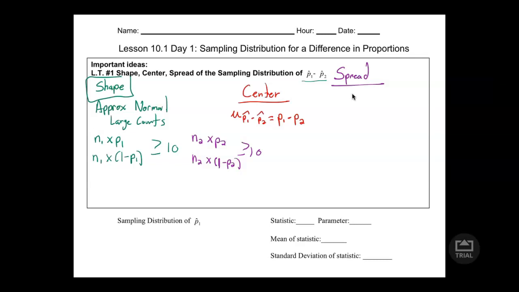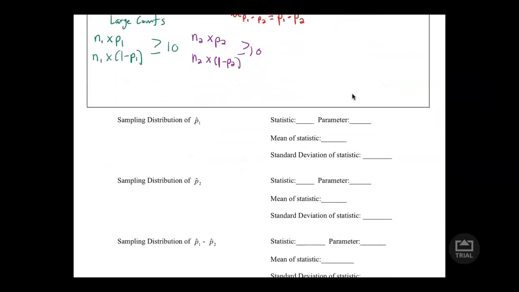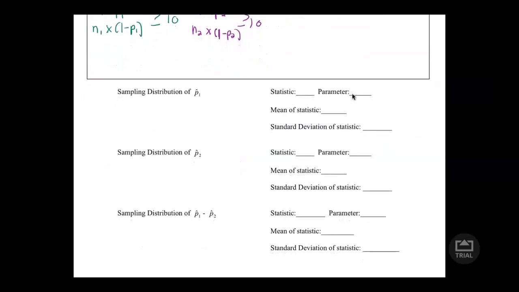So before I give you that formula, I'm going to go the long way around because I don't like just to give you formulas without explaining the math. So we're going to take just a minute to go through this. Here's the sampling distribution of p hat 1. The statistic would just be p hat 1, and the parameter would just be p1.